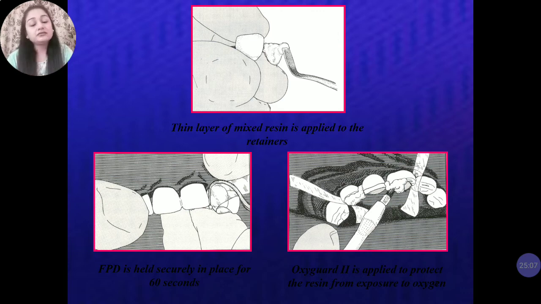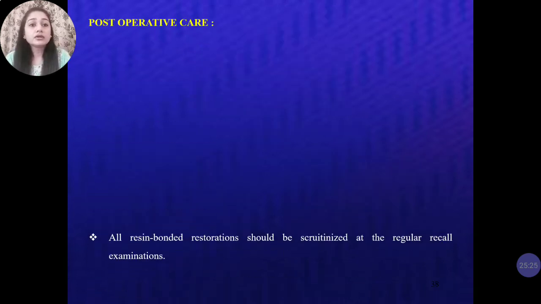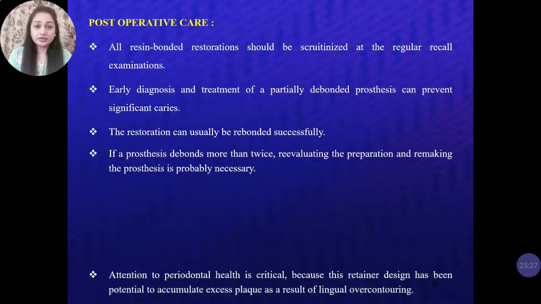Once that is done, if it is dual cure resin cement, you can apply ultraviolet light, taking the help of a dental assistant. After 60 seconds, remove the excess resin cement from the margins of the retainers and clean the adjacent area.